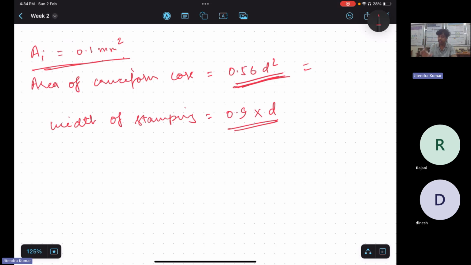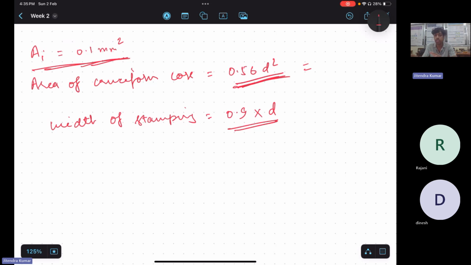Here the net core area is already given as 0.1 m square. What is missing from this problem is a stacking factor.